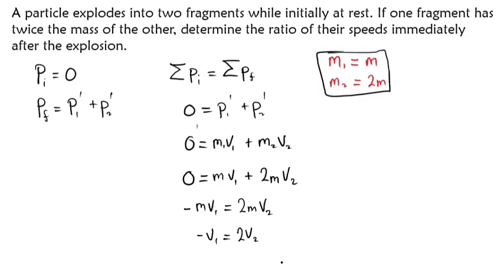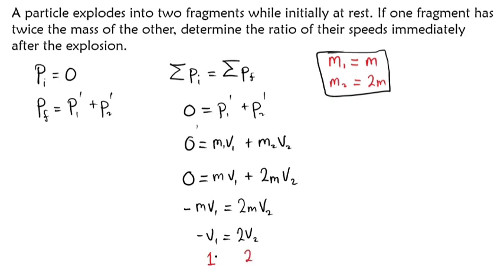So now remember, we want the ratio of the small velocity to the large velocity. To find the ratio, we're just going to take the magnitude of the coefficients for both. So this is 1, the coefficient on this side, and on this side we have a 2.